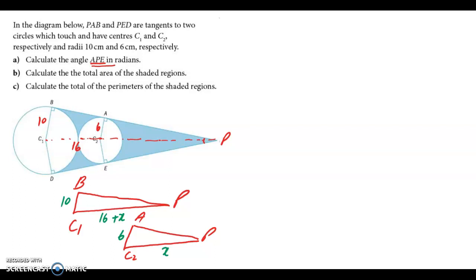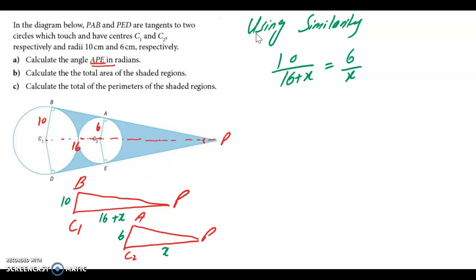Because the radius is 10, 10 over 16 plus x is equal to 6 over x. Simplifying, 10x is equal to 6 times 16 plus x, and from here the value of x will be 24 centimeters.